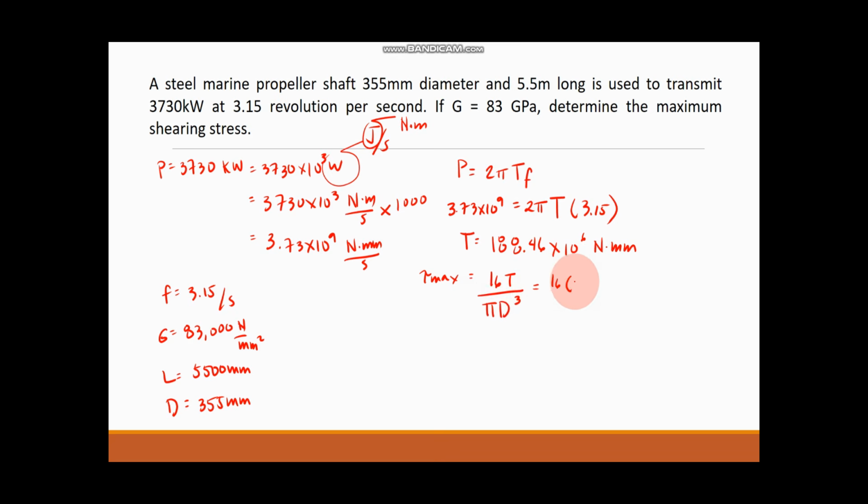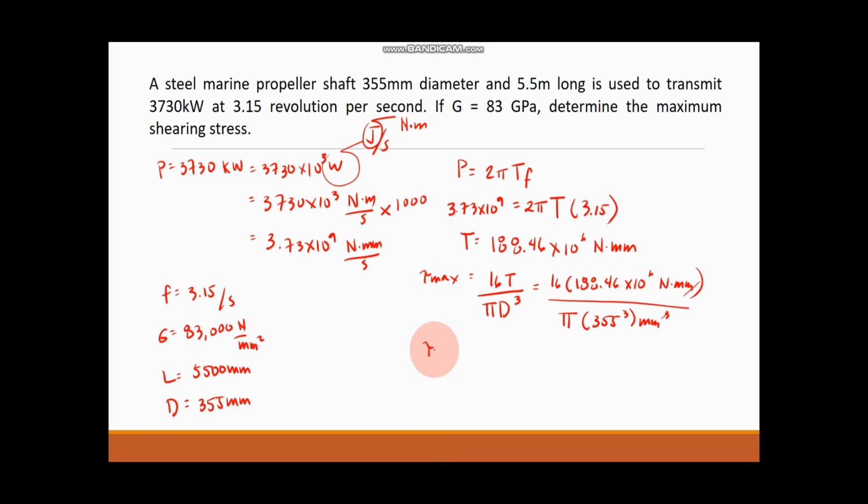So 16 multiplied by 188.46 times 10 raised to 6 Newton millimeter all over pi. Yung diameter natin is 355 millimeter raised to 3. So cancel.